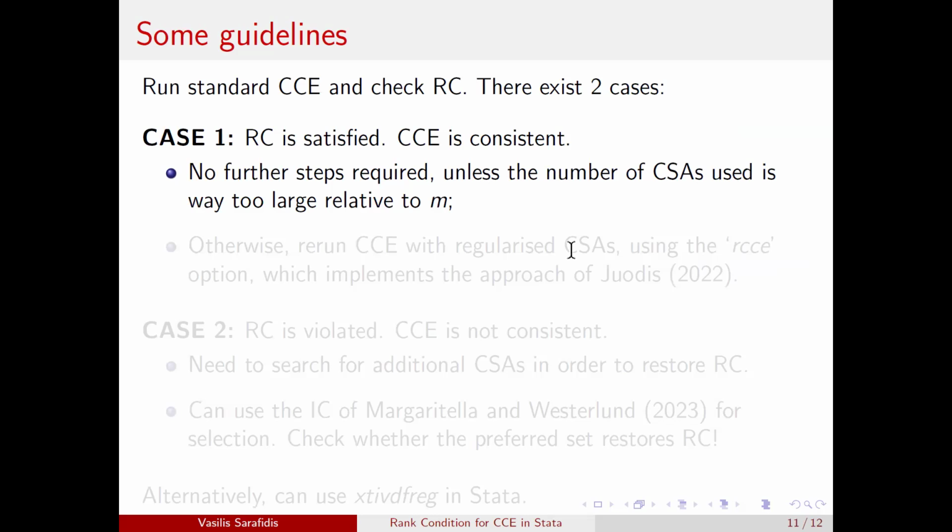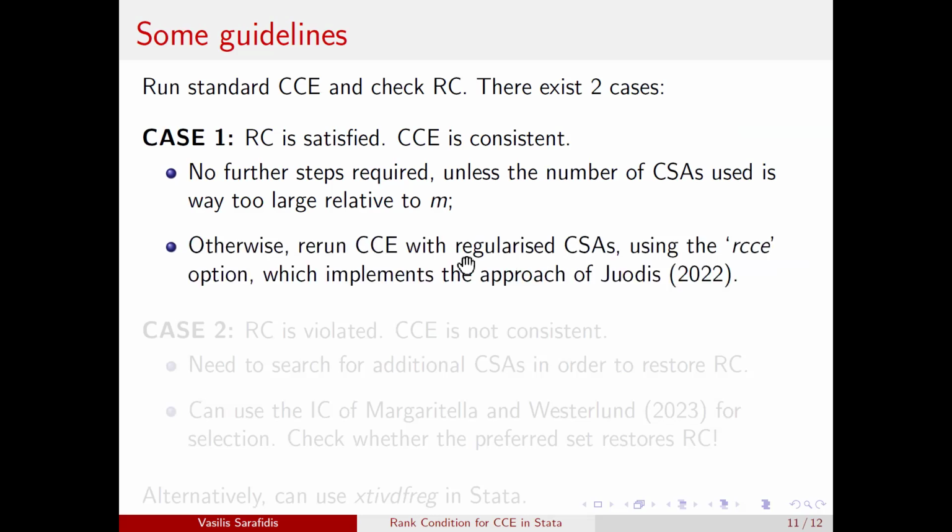So in that case, one can rerun CCE, but this time with regularized cross-sectional averages using the RCCE option, which is recently added by Jan as well. This option implements the approach developed by Juodis 2022.